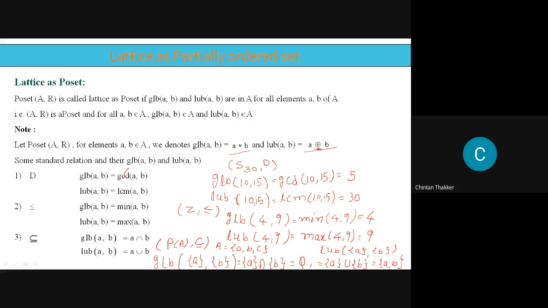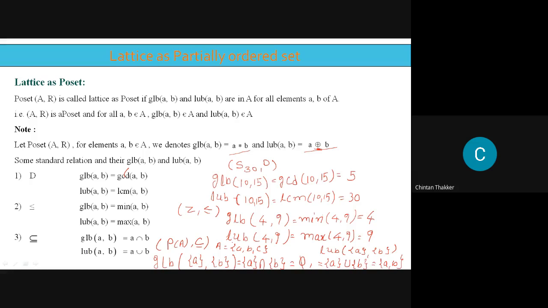After proving the poset, now we prove one more property: for all possible pairs of elements of that set, the GLB and LUB also belong to the same set.